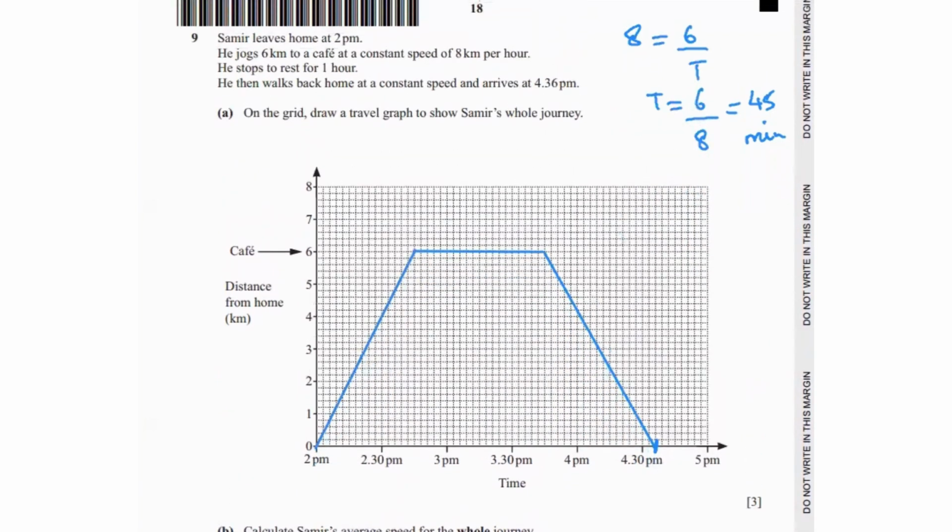So for the whole journey, we know that this is 6 kilometers over here, and then there's another 6 kilometers over here. No distance covered over here. So we know the total distance is 12 kilometers, okay? Now for the time, we know that 45 minutes over here till this part, and then he's resting for 1 hour, and over here from 3:45 to 4:36.